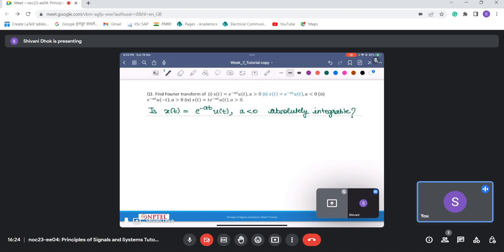So let's check that. We will consider the integral from minus infinity to infinity of mod x(t) dt. This is equal to integral from 0 to infinity of mod of e power minus at dt, which is equal to integral 0 to infinity of e power minus at dt, since this exponential function will always be positive, so we can just remove the mod sign.